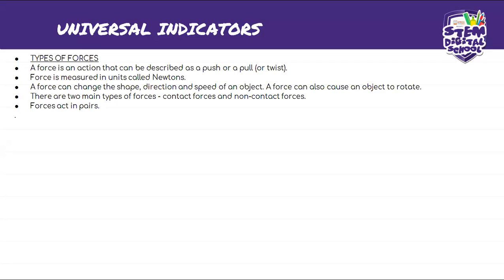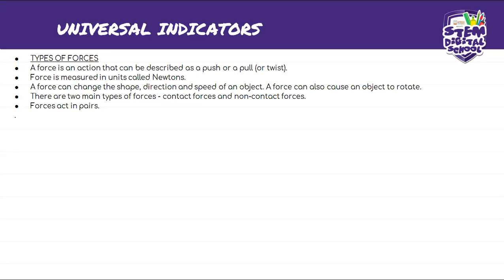The unit of measurement for force is the newton, originating from Isaac Newton. And then we're saying there are two main types of forces: contact forces and non-contact forces. And we said forces act in pairs. So there is one acting in this way, the other one must act in the other way.